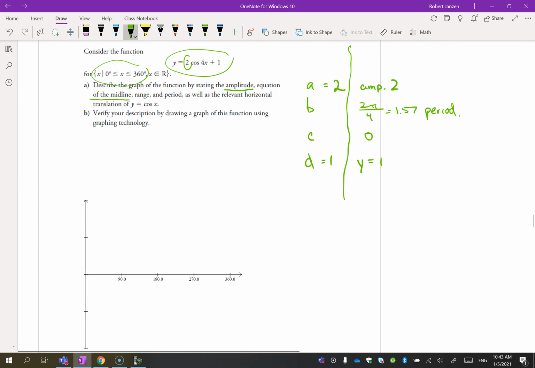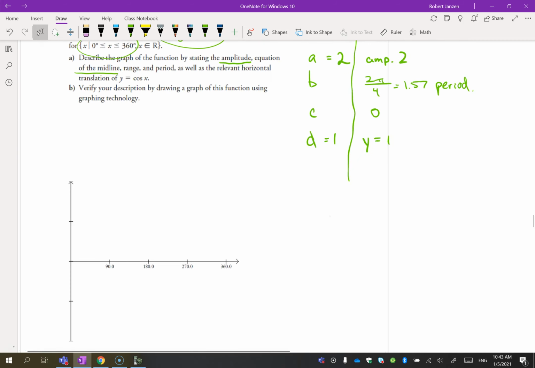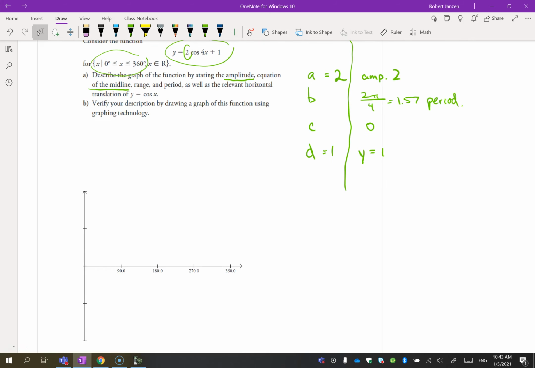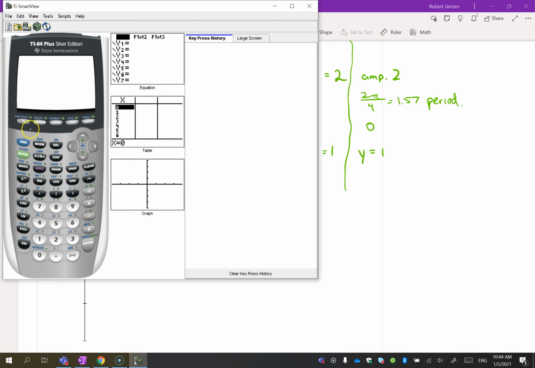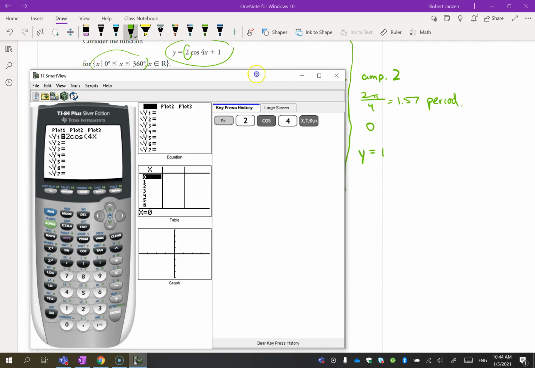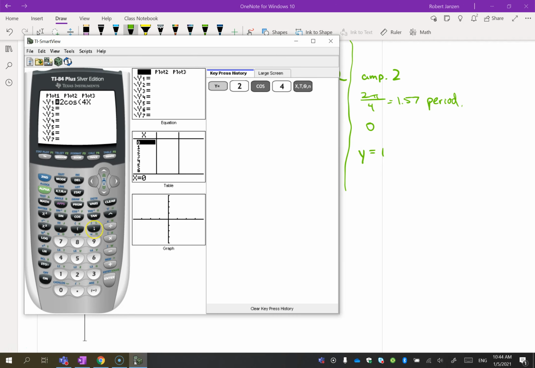Well, we could do a sketch of this, but maybe it would be easier to use the calculator here. Let's just try and use the calculator for a second. Okay, so I'm going to go y equals 2 cos 4x, close brackets, plus 1.